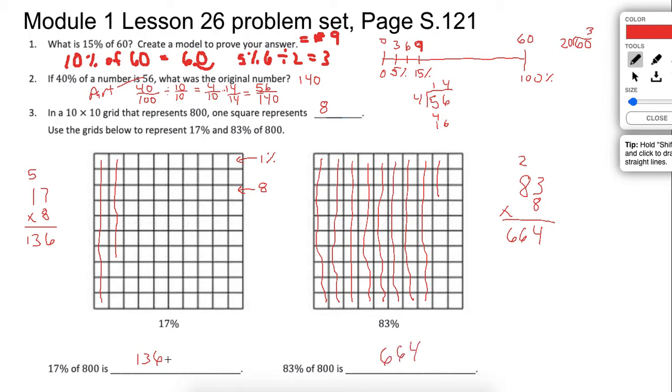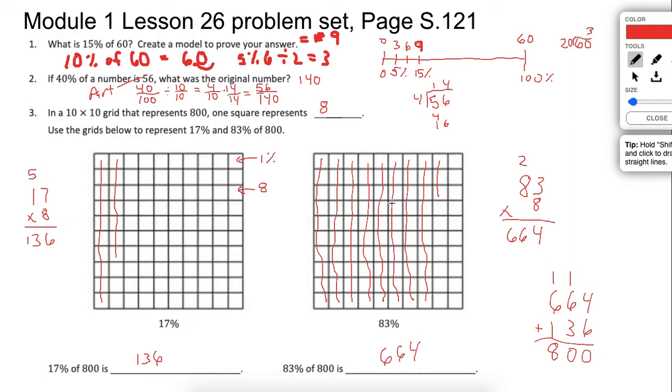Now since the percents add up to 100, these should add up to 800. Again, I'm just checking to make sure I did everything right. So if I add those up, I do get 800. So that lets me know, just to get another check.